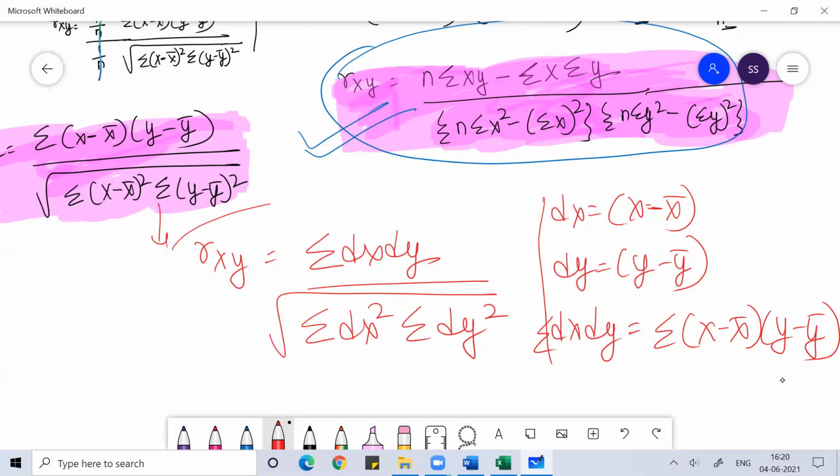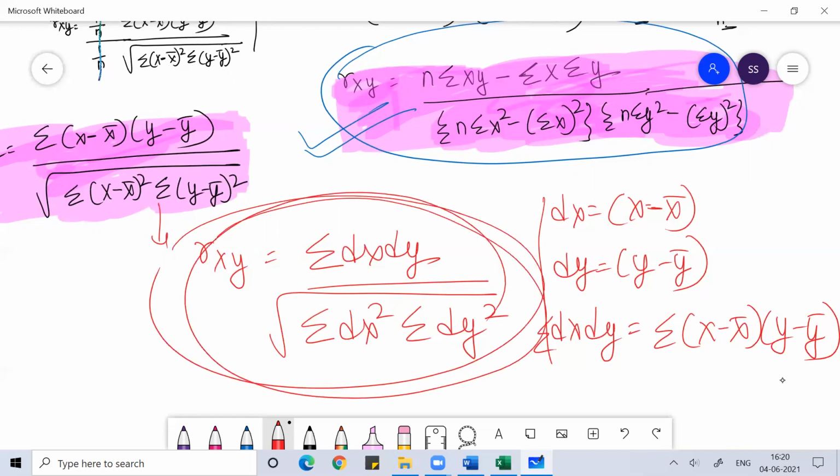Numerical based on this formula we'll do tomorrow. For today, you just write down these formulas.